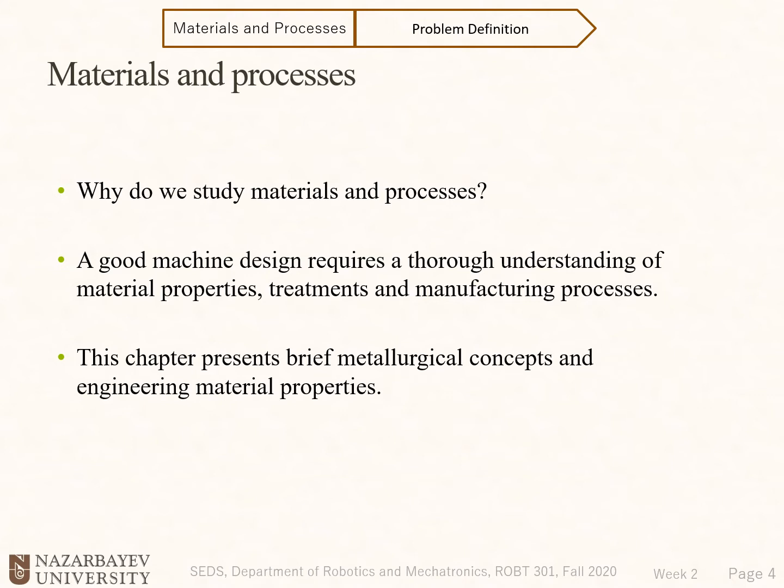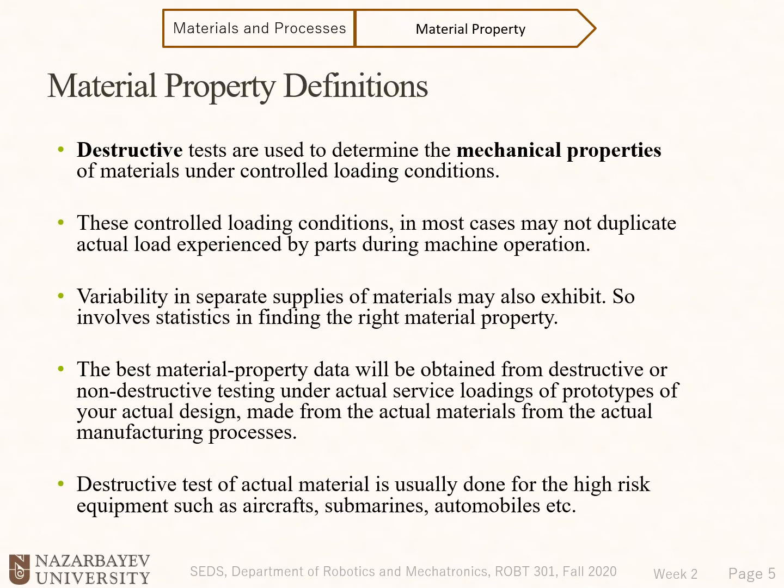This chapter, which is basically chapter 2 of the Norton book, presents brief metallurgical concepts and engineering material properties. To get the material property, we have a variety of methods.